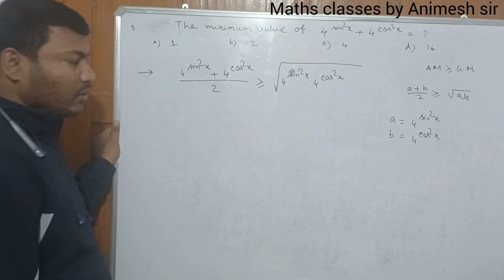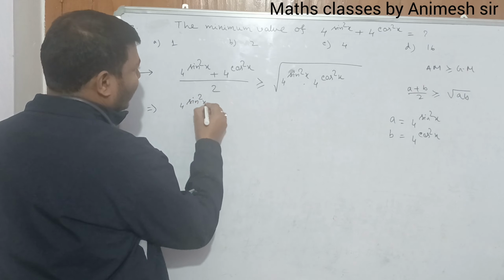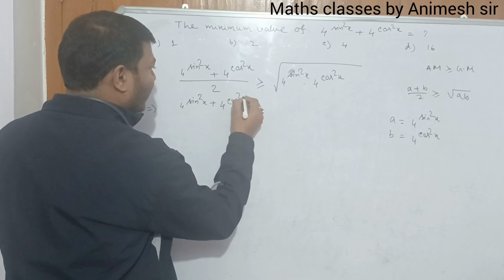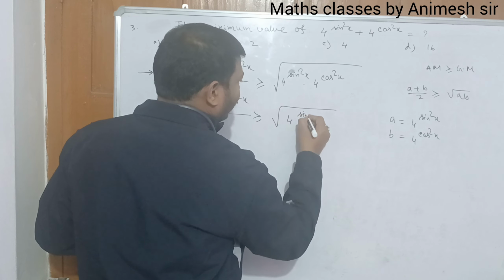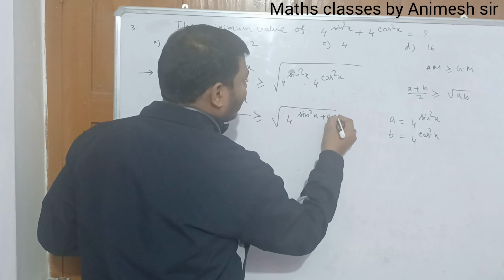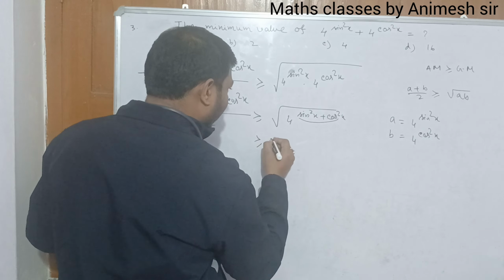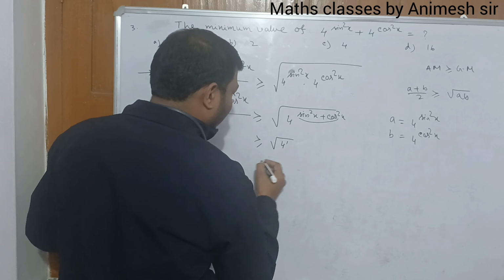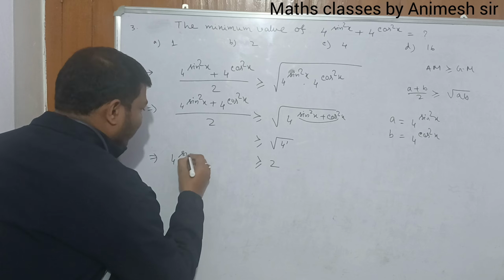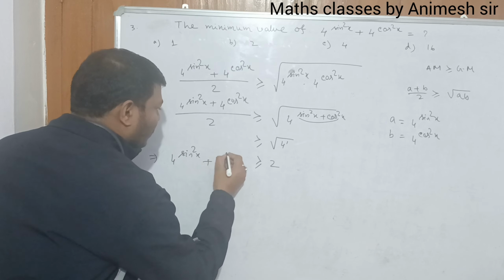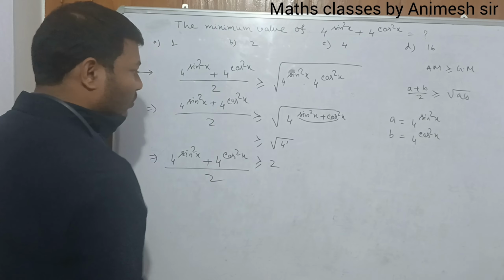Now this will give 4 to the power sin square x plus 4 to the power cos square x by 2 greater than or equal to 4 to the power sin square x plus cos square x whole to the power half, which is 1. So this is greater than or equal to 4 to the power half, that is 2. So 4 to the power sin square x plus 4 to the power cos square x by 2 is greater than or equal to 2.